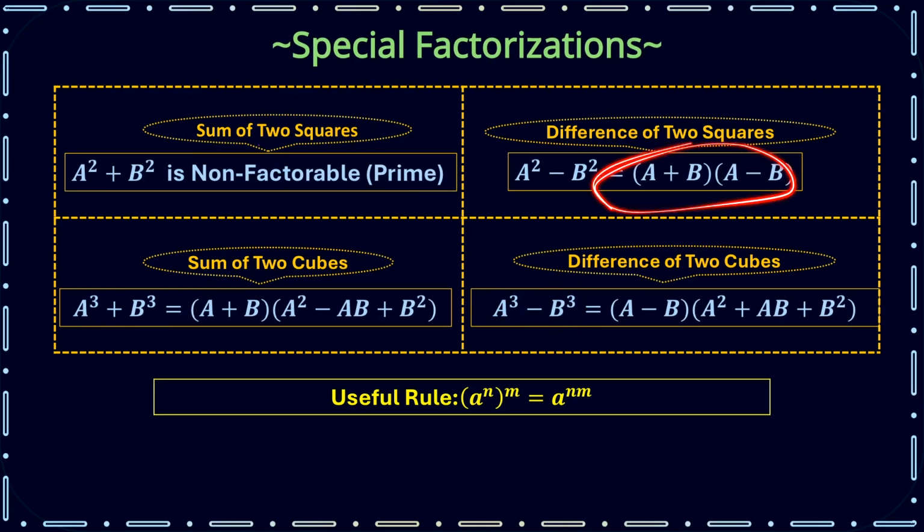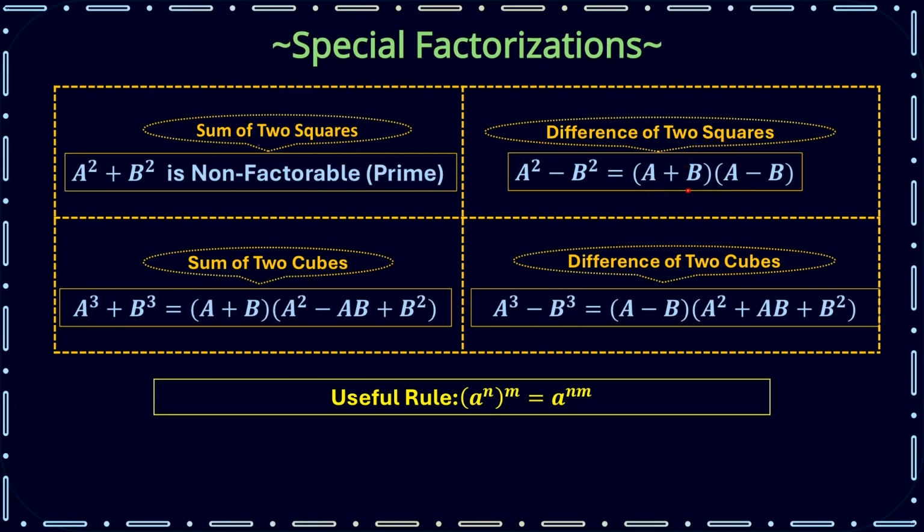For instance, for the difference of two squares, we can multiply a times a gives you a squared. We have a times negative b and b times a resulting in negative ab plus ba. They zero out.